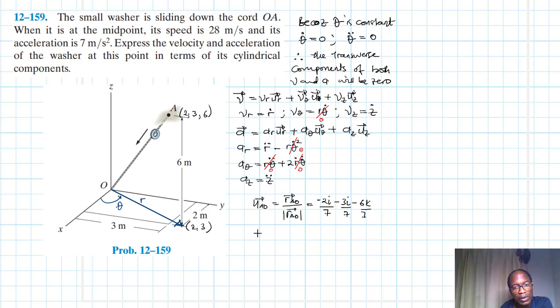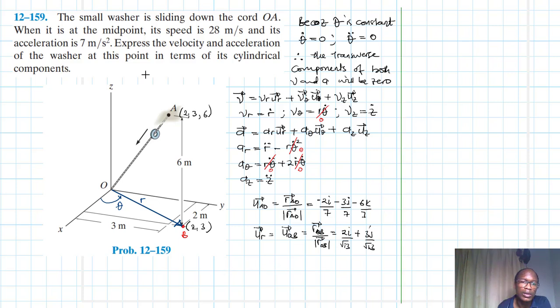And then we have UR, let's call this point here B. So this is equal to U_OB, which is equal to R_OB divided by its magnitude. This is equal to 2i plus 3j, 4 plus 9 is 13, so root of 13.